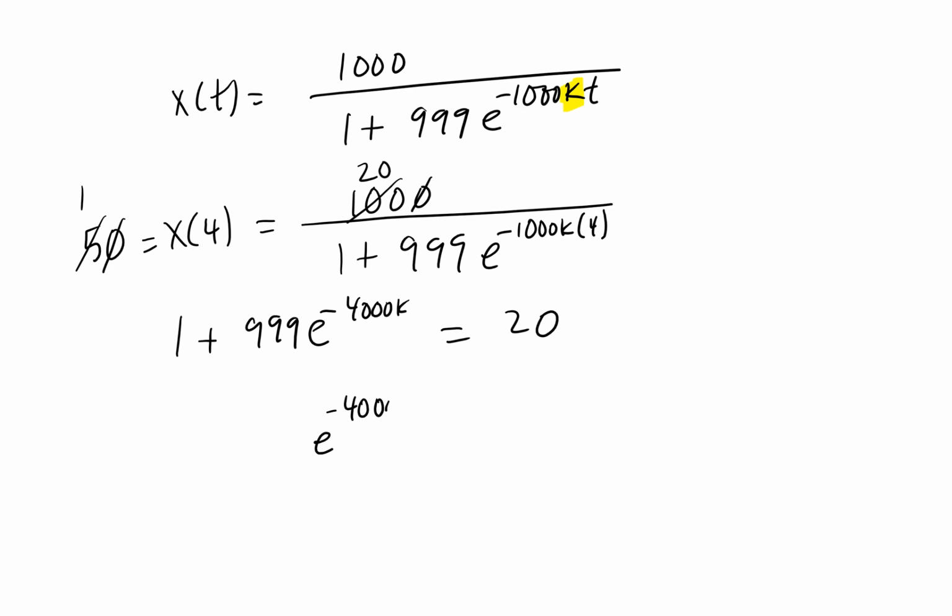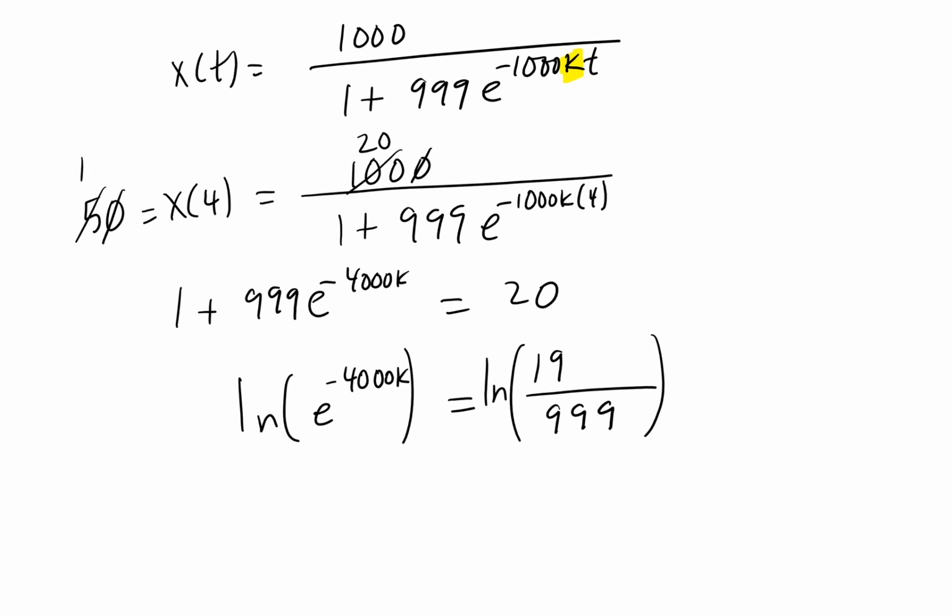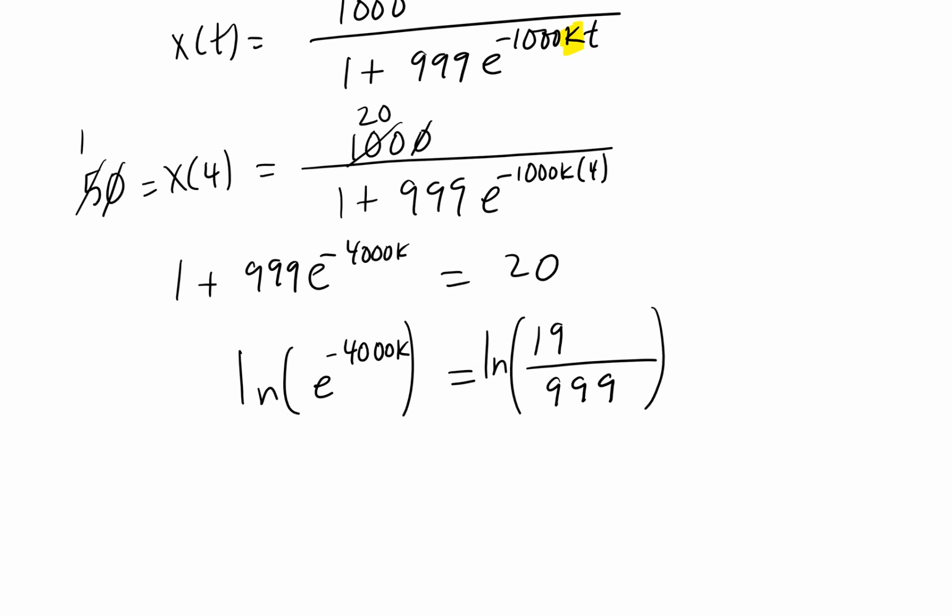Now we subtract 1 on both sides and divide by 999, then natural log both sides. Professor, how'd you get 4000k? 4 times 1000.